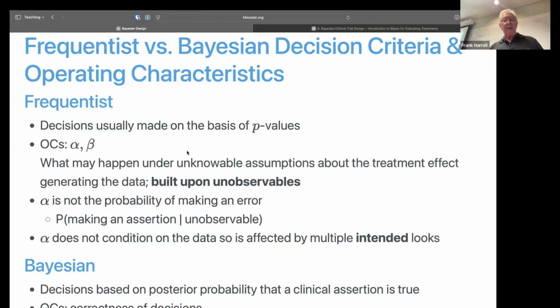So what you're asking yourself is what may happen under an unknowable assumption about the treatment effect that generates the data. So when you're calculating things like power and alpha, those calculations are using unobservables. They're using things you can't possibly ever know, such as the true treatment effect being zero.